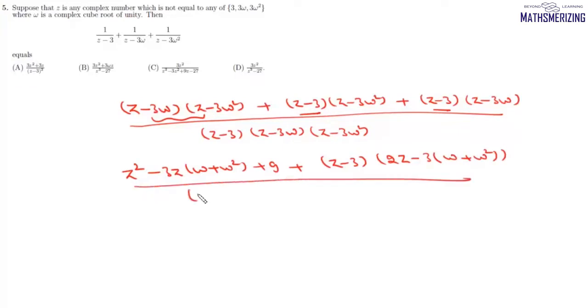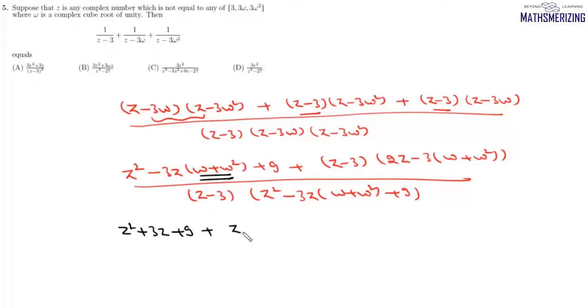In the denominator, it'll be z minus 3 and then z square minus 3z omega plus omega square and then plus 9. Now this is z square. Now omega plus omega square is minus 1. So it will be z square plus 3z plus 9.